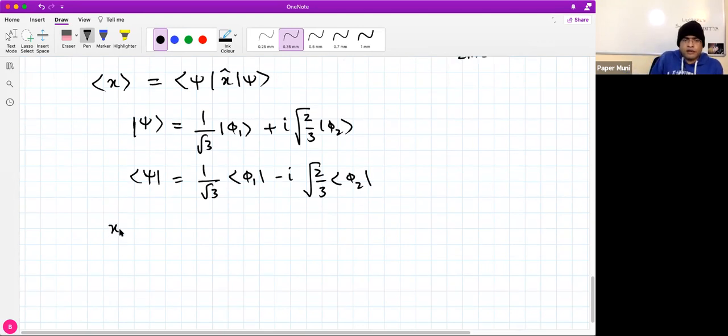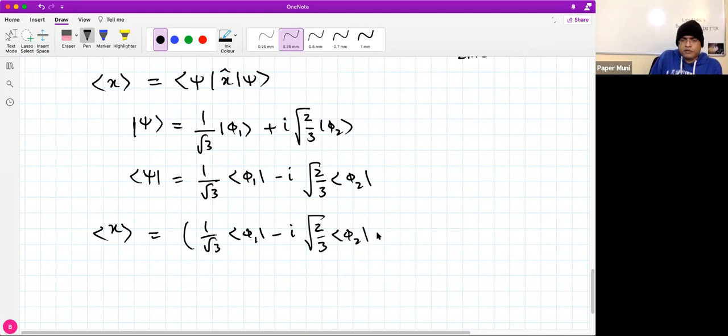Now if we write down x like this, so this will be 1 by root 3 phi 1 minus iota root 2 by 3 phi 2. All right, this is x 1 by root 3 phi 1, plus iota root 2 by 3 phi 2.